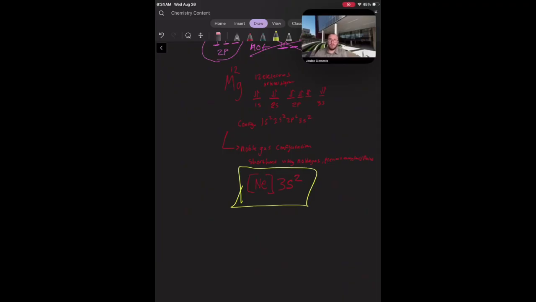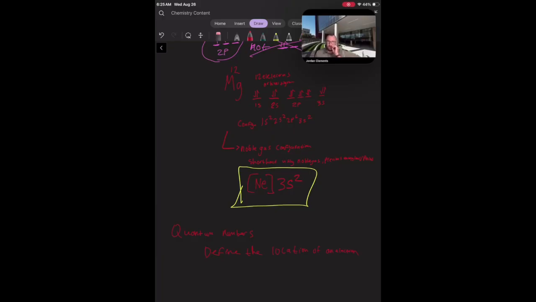So let's go one step further into a little bit of quantum numbers. Quantum numbers are useful because they are used to define the location of an electron.